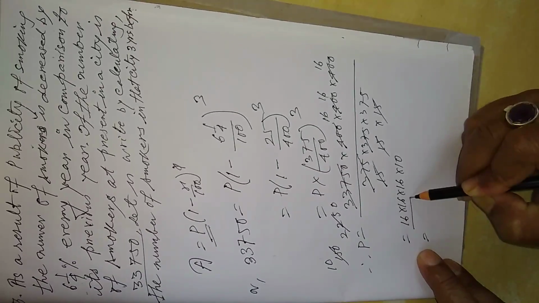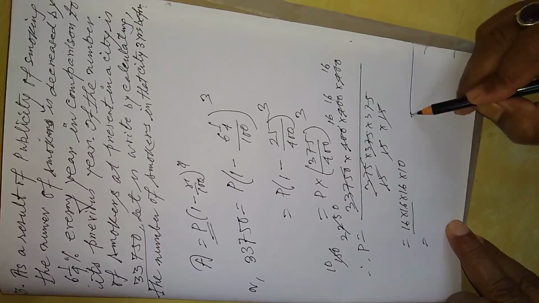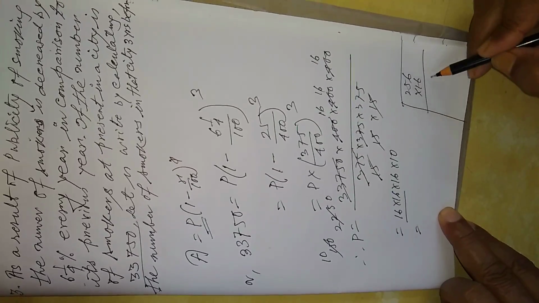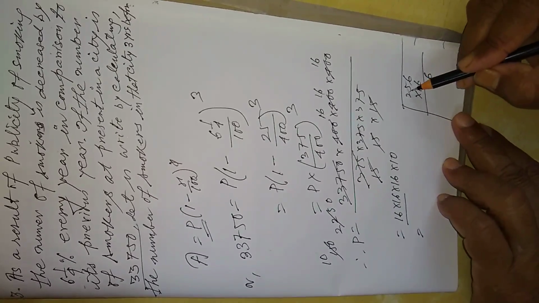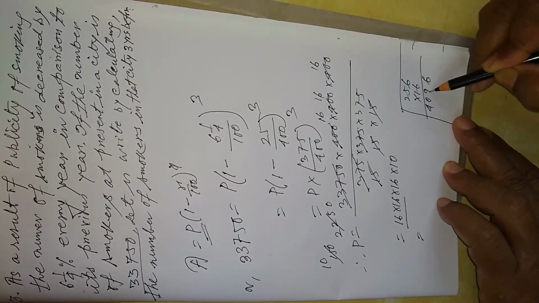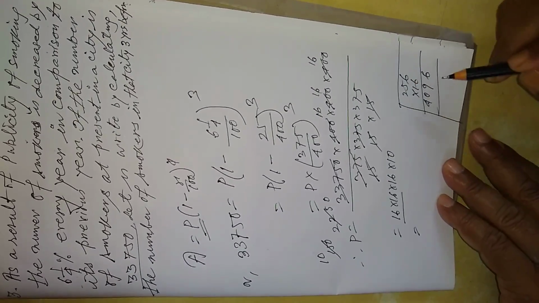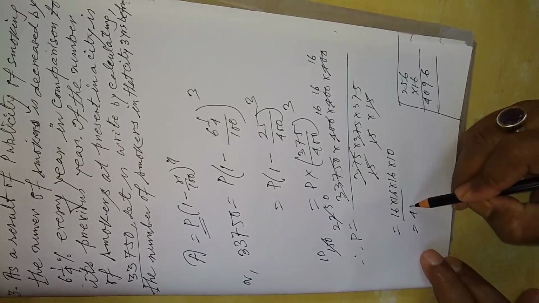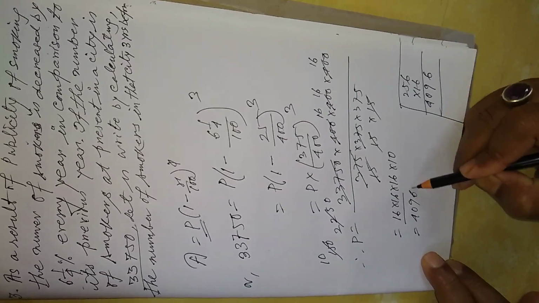16 into 16 is 256. The rough work here: 256 into 16. So the result is 4096, and here is 10, so 40960.